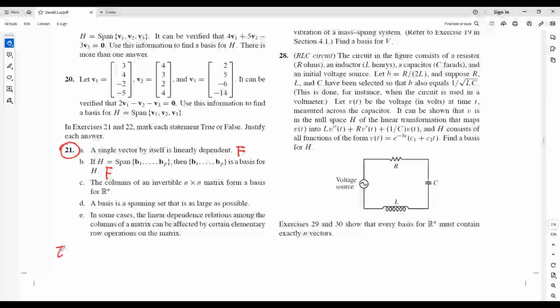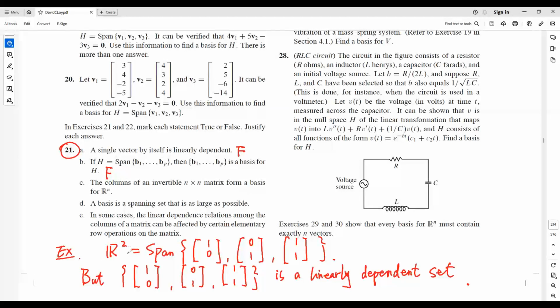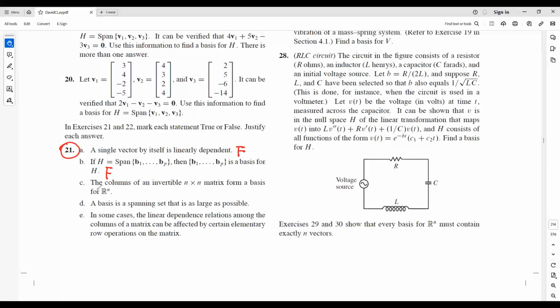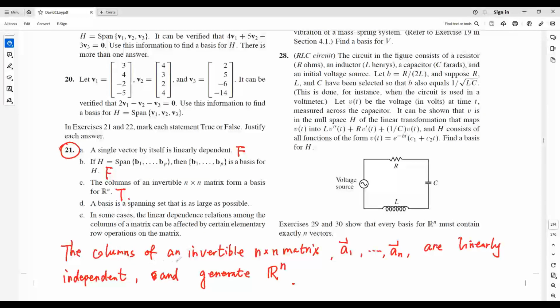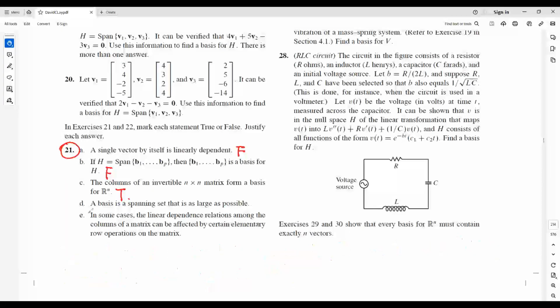False. Example: R2 is spanned by these three vectors, but these three vectors are linearly dependent. C. The columns of an invertible n times n matrix form a basis for Rn. True. The columns of an invertible n times n matrix are linearly independent and generate Rn.